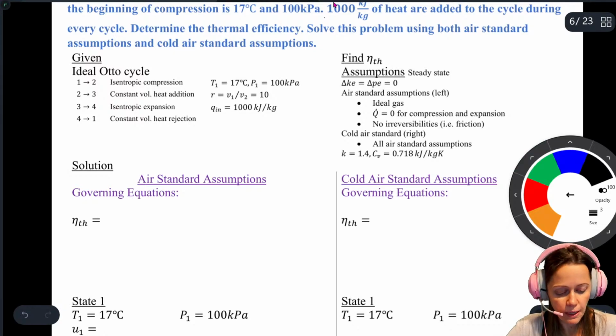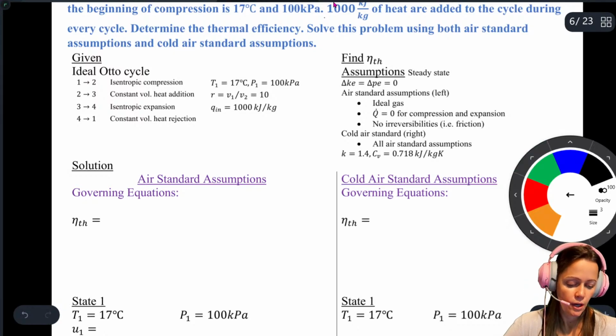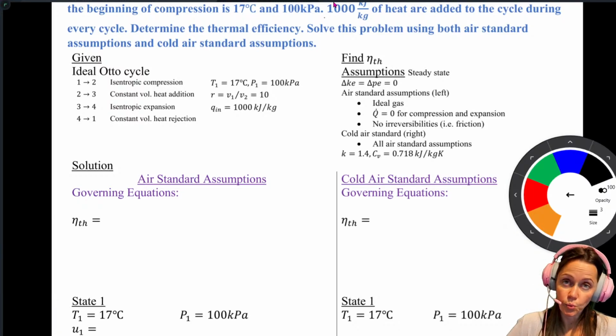We are also making air standard assumptions on the left, which means you've got an ideal gas, no heat transfer where you don't want it to occur, during compression and expansion, and no irreversibilities. With the cold air standard, we add one additional assumption: constant specific heats.